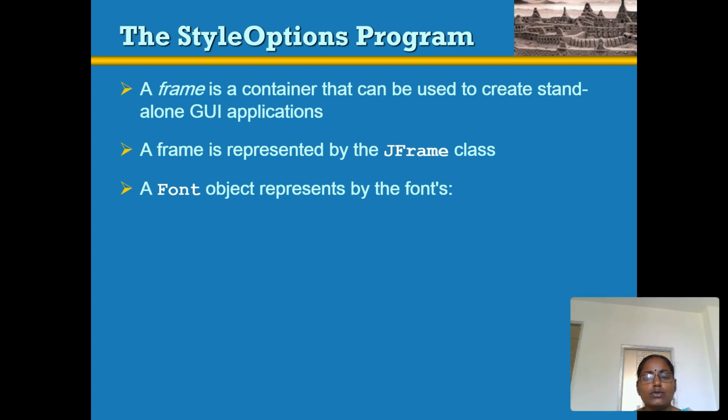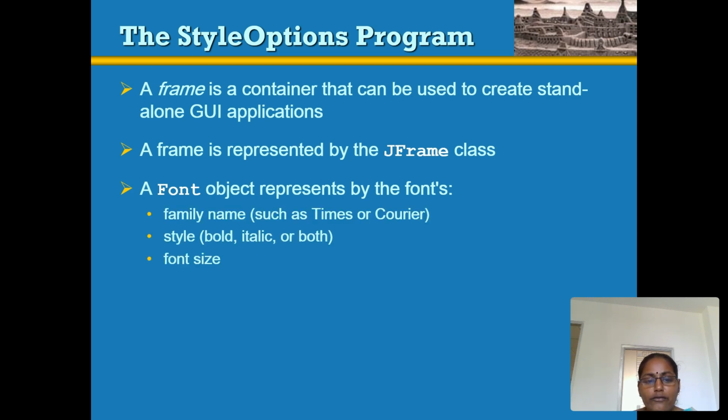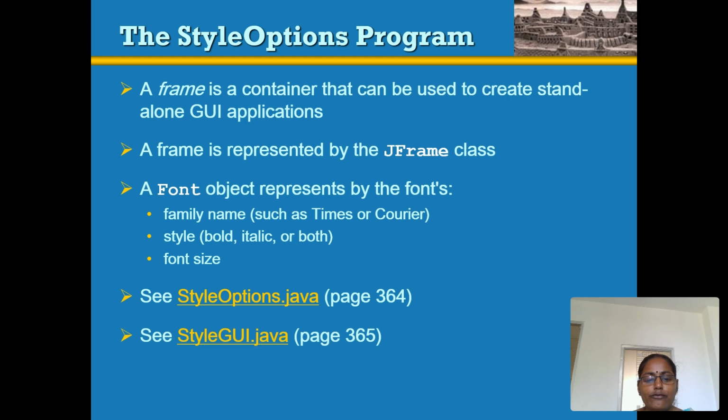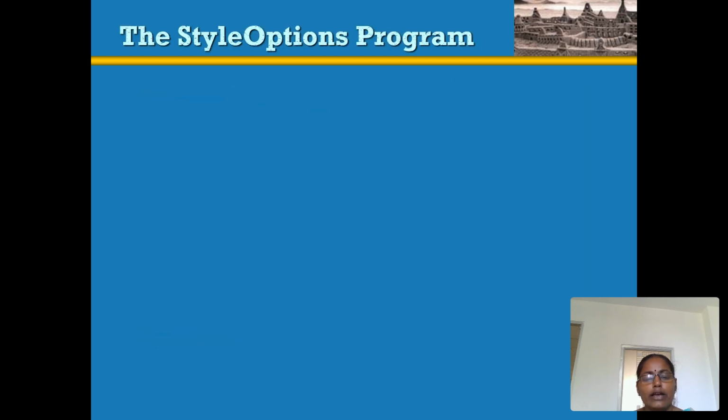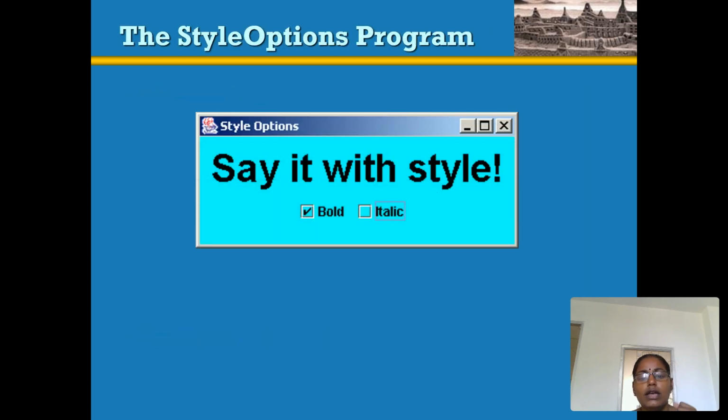The JFrame class is used for this. We can also create fonts: the family name such as Times New Roman, Courier or Arial, the style such as bold, italic or underline, and the font size such as 12, 14, 26 or 38. We give these as options, using checkboxes for bold or italic, so bold can be selected without italic.